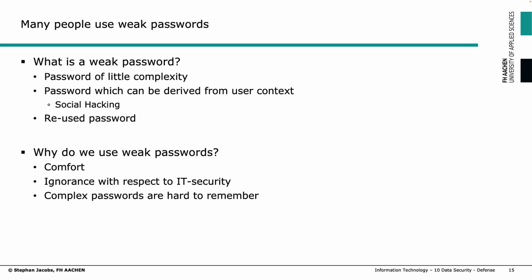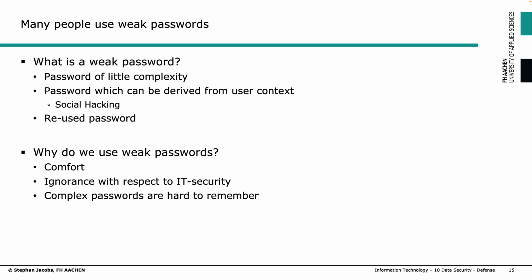One of the problems with passwords is weak passwords. Many people use weak passwords. So what are weak passwords? First, there is a password of little complexity. A password which is very short, for example. Then there is a password which can be derived from the user's context. This is called social hacking.